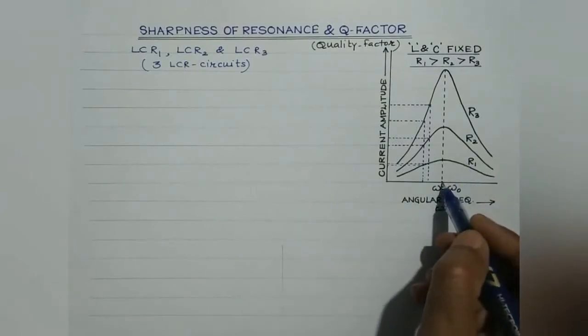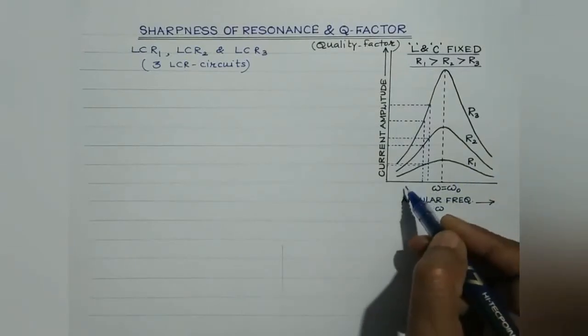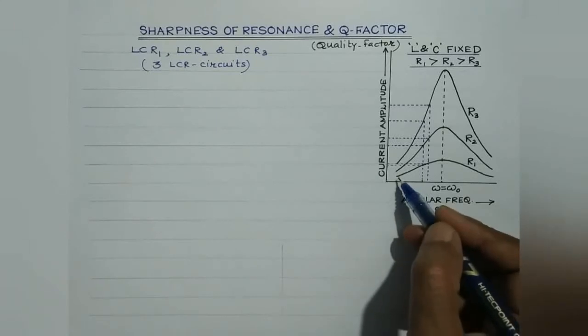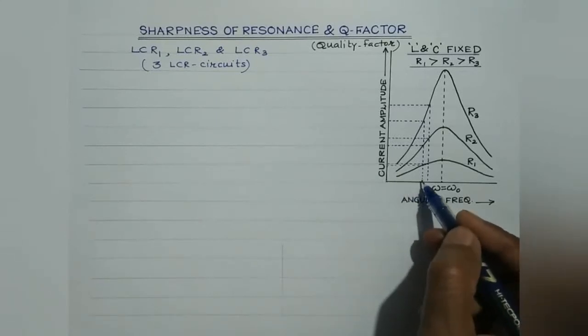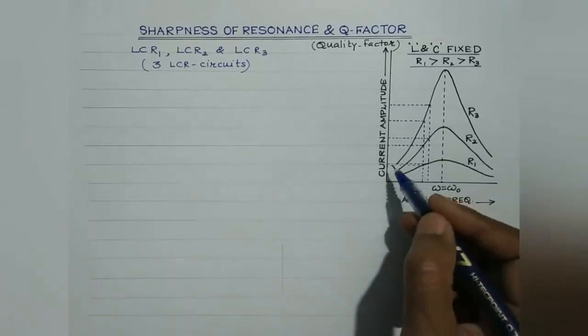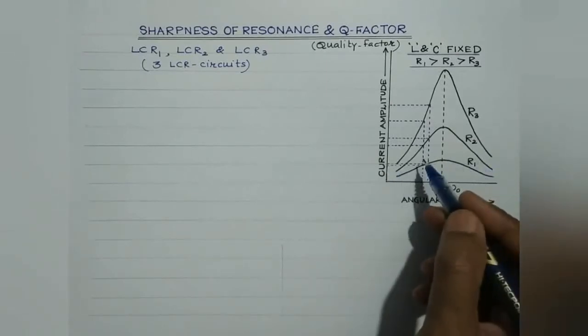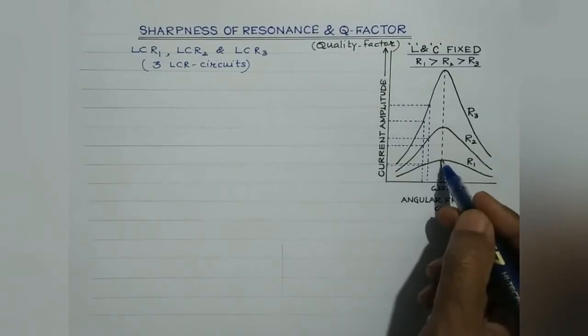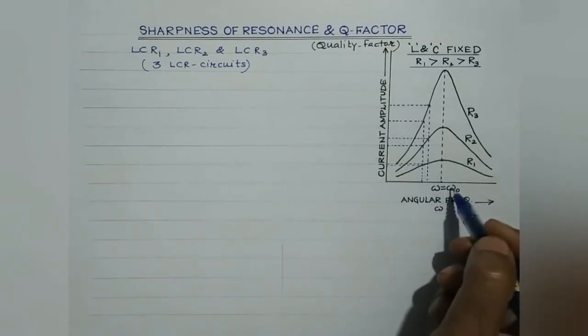Now, initially, when the value of omega is low, we have discussed XL is low, XC is high, isn't it? So, the current is small. But as the value of angular frequency is increased, XL becomes large, XC becomes small. So at an instant, omega equals omega naught, the current becomes maximum. This is known as the resonant angular frequency.